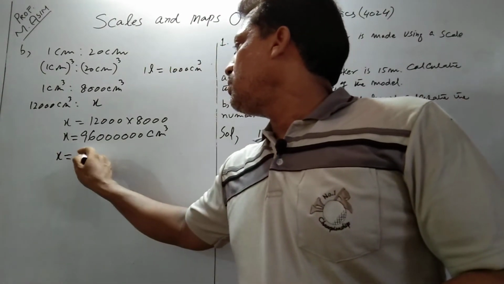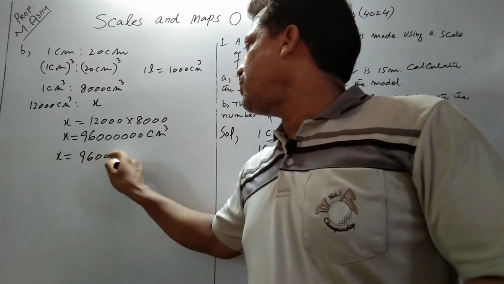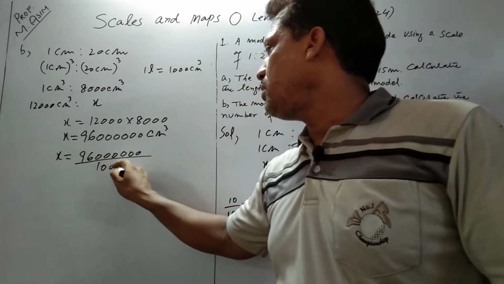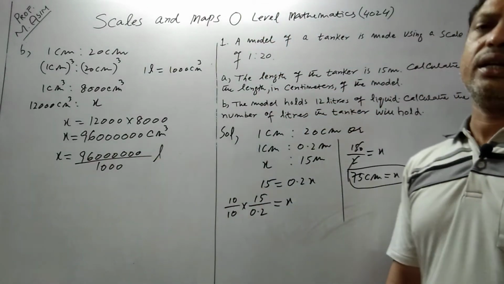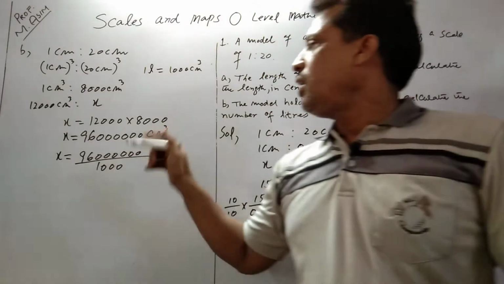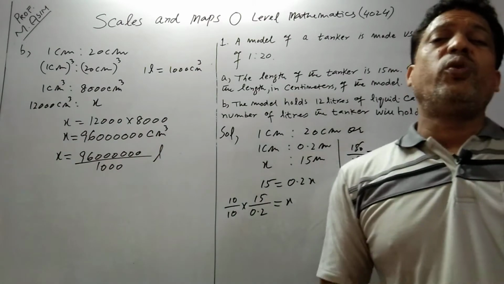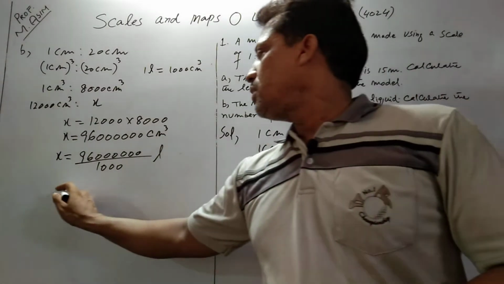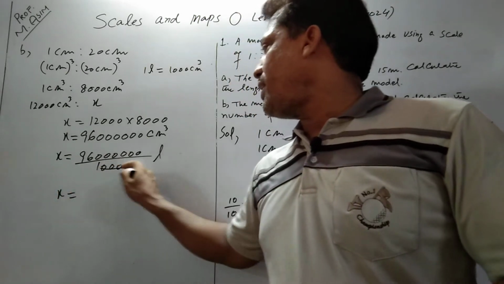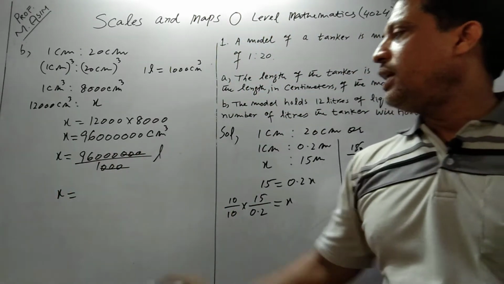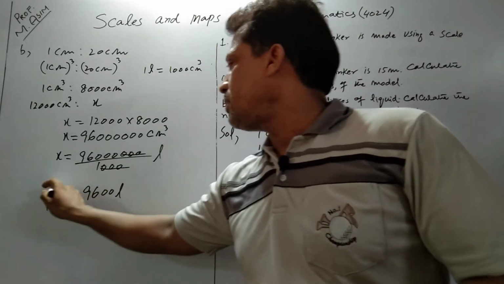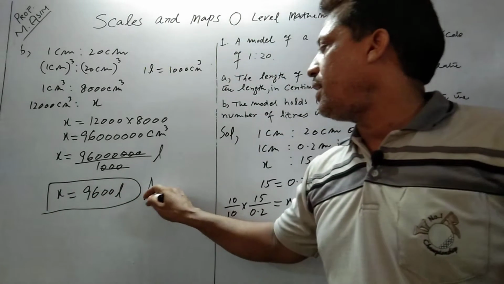Therefore 96,000,000 divided by 1000. When you convert centimeter cubed into liters, you always divide by 1000. So the zeros cancel, and the answer is 96,000 liters. This is your final answer.